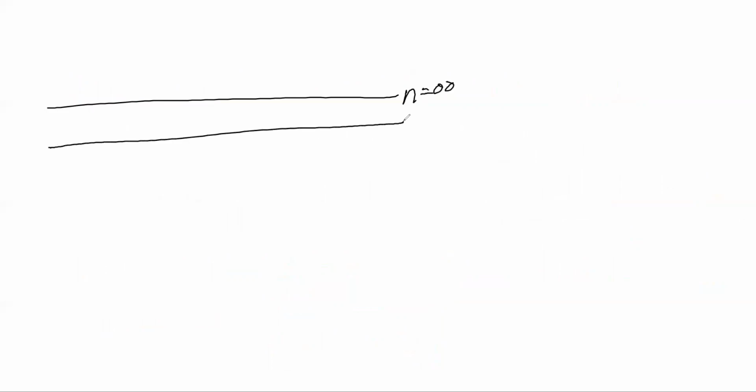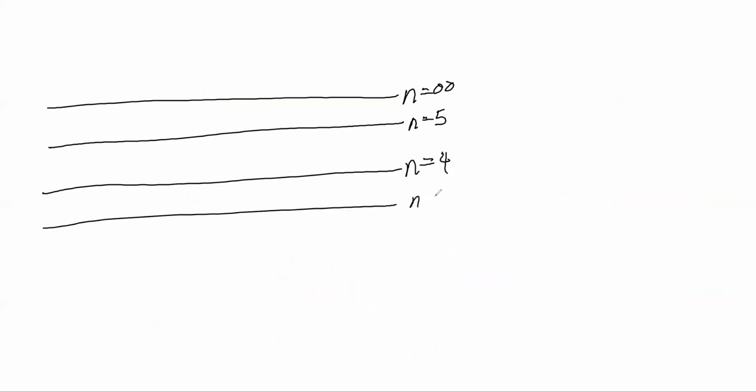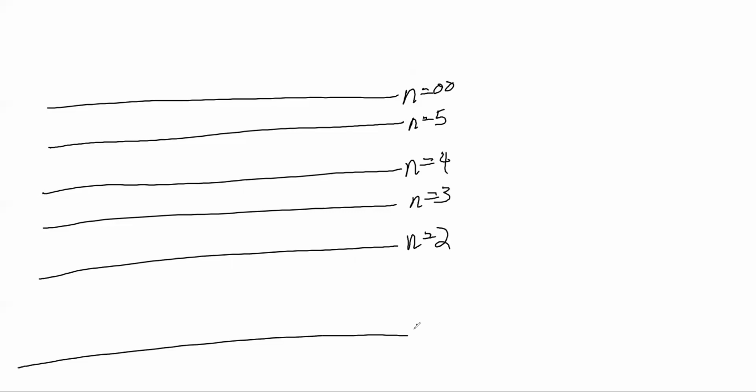Then very close to that, we have n equals 5, n equals 4, n equals 3, n equals 2, and at the bottom we have n equals 1. And so mathematically, you can solve for them, or what you can do is look at their transitions and try to see what that transition would be between them.